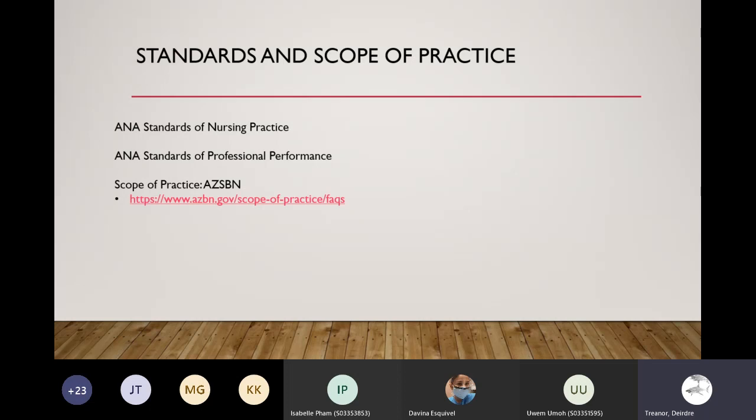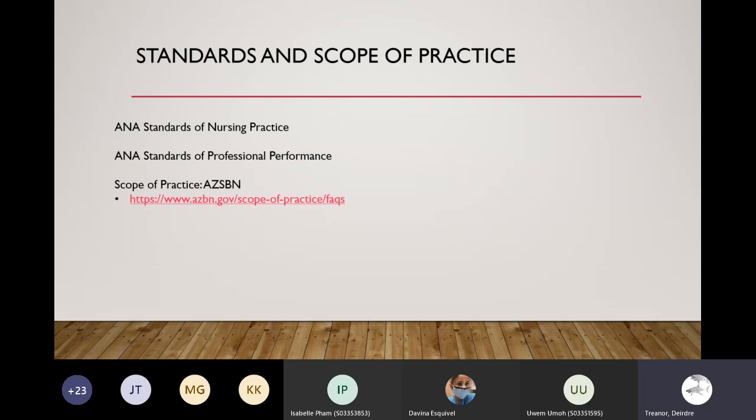So the standards of professional performance: you've got your ethics, that you practice ethically; your education, that you have a certain level of education and competency; that you use evidence-based practice and research; that you contribute to the quality of nursing; that you can communicate effectively; that you demonstrate leadership; and that you are able to collaborate with others.